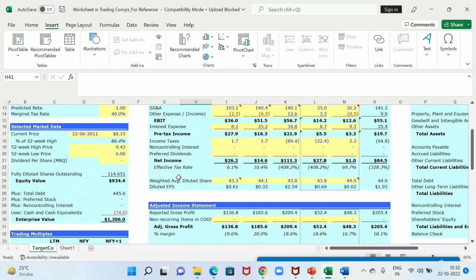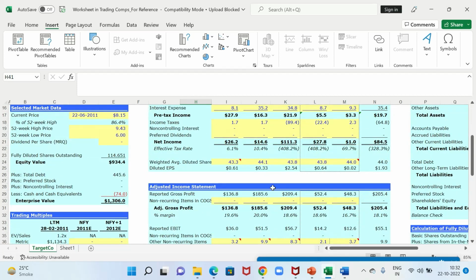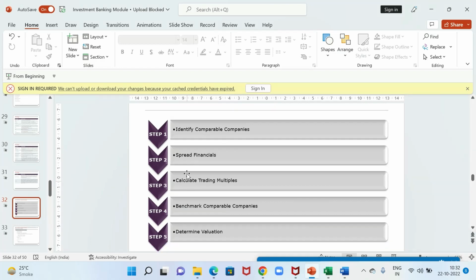Once we spread these numbers as they are, then we have to adjust for these numbers. We'll come to the adjustment later. Just understand these steps. We'll come to spreading financials in detail. Then we'll calculate the trading multiples, then we'll benchmark the comparable companies and then determine the value.